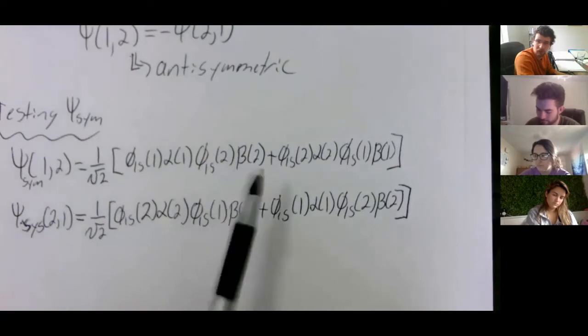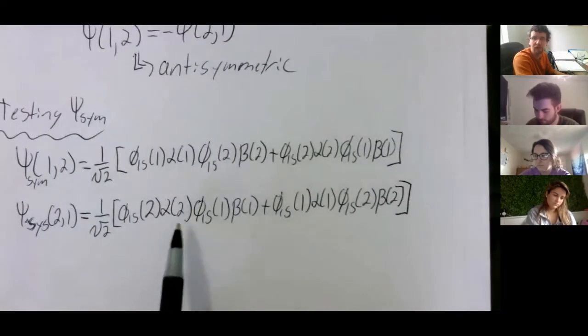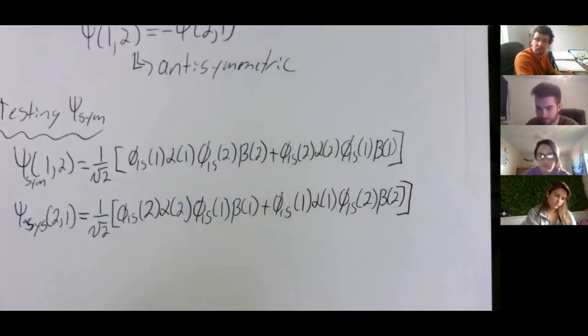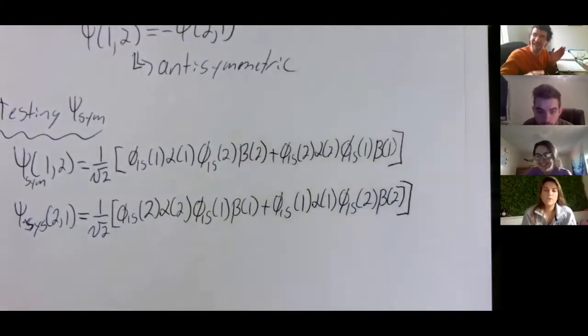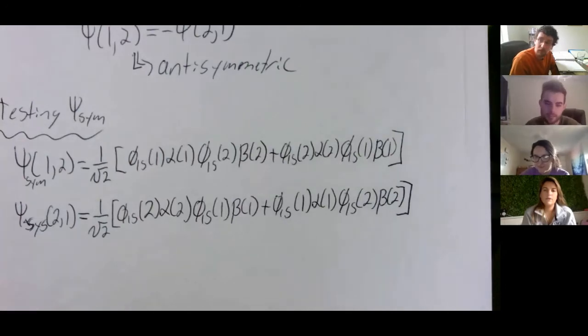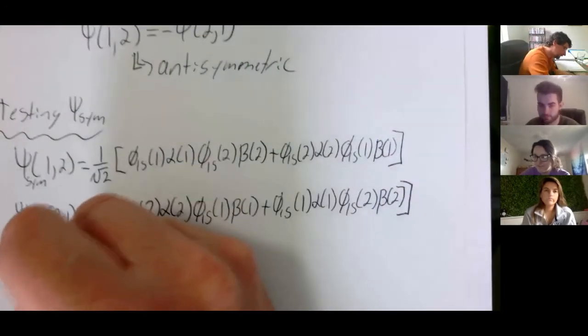Looking at these two functions, are they different? Yes. No. Yes. Final answer, yes. Take the average of them. Yeah, because it's commutative. No, they work out to be the same. Yep, they are the same. So these two are the same.